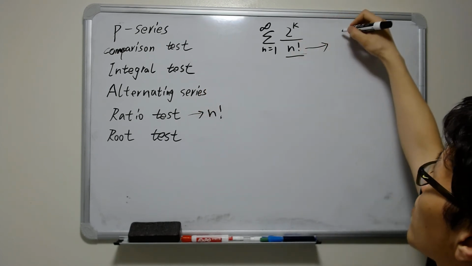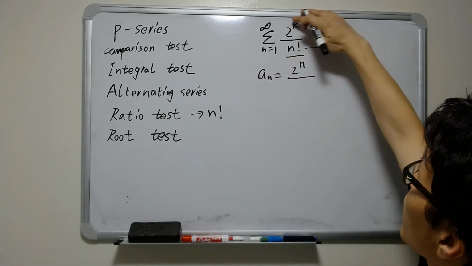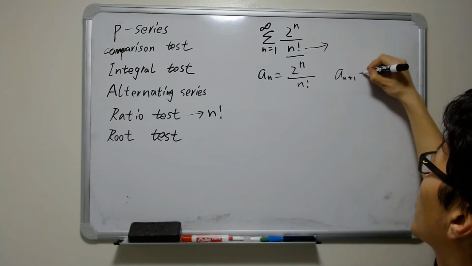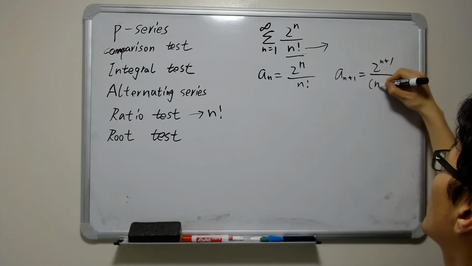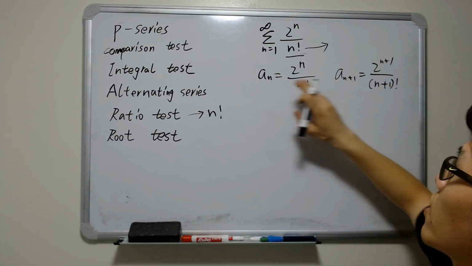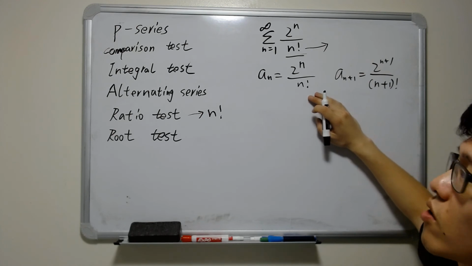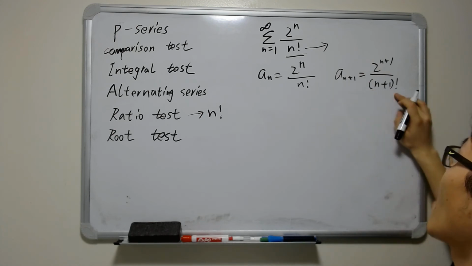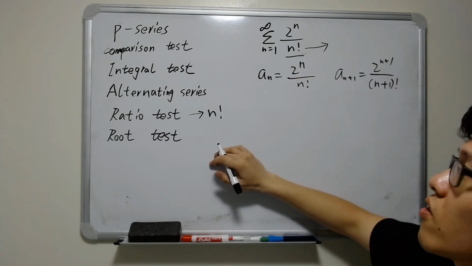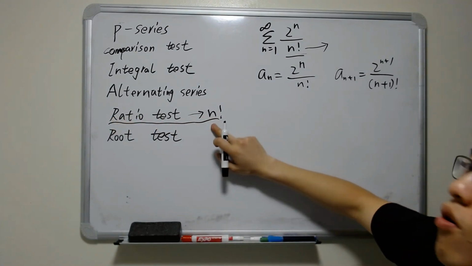In this case, an is 2 to the n over n factorial, and an plus 1 is 2 to the n plus 1 over n plus 1 factorial. Then we take the ratio of an plus 1 and an, and the n factorial will cancel out. Only the last term will be in our limit, and then we can find a limit. So we can apply the ratio test if we see some factorial in our series.